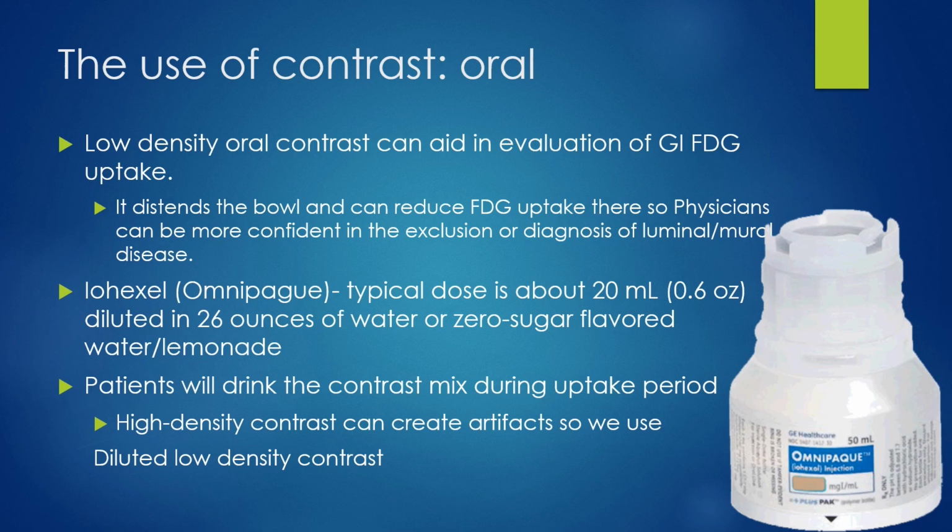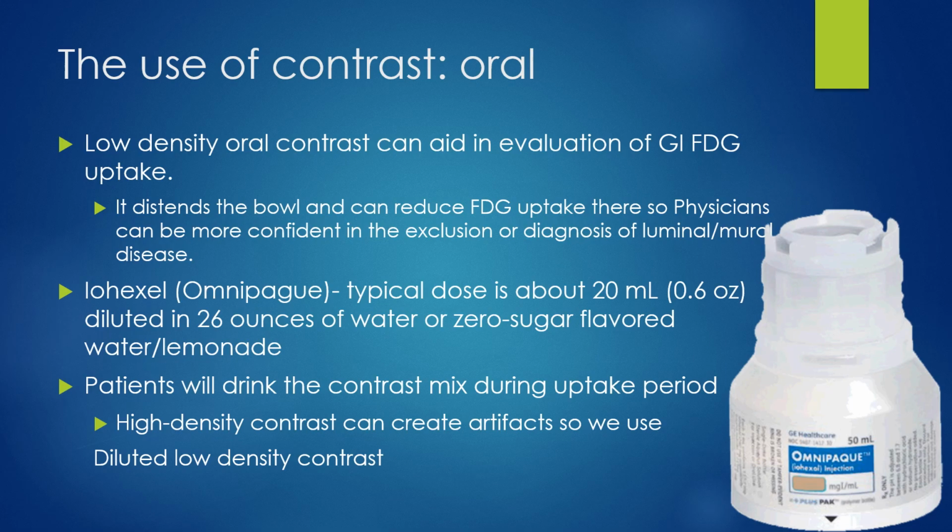Now, some PET CT studies call for the use of contrast for the CT portion. It is pretty common to use oral contrast. This can be done with the non-diagnostic low-dose CT that's used just for attenuation correction. So it can actually aid in the evaluation of GI FDG uptake.